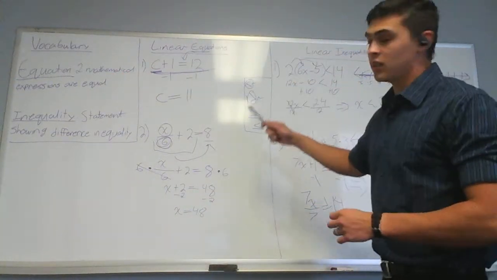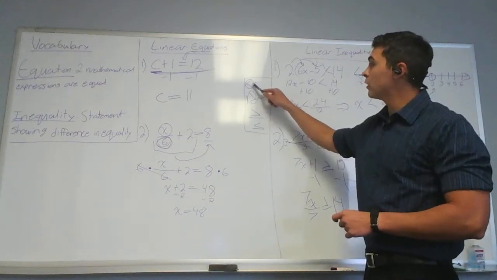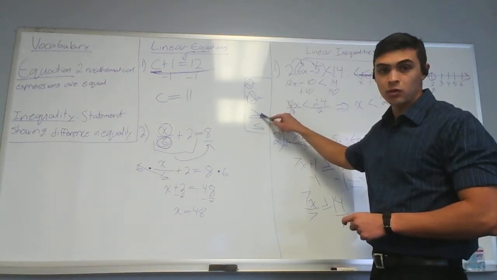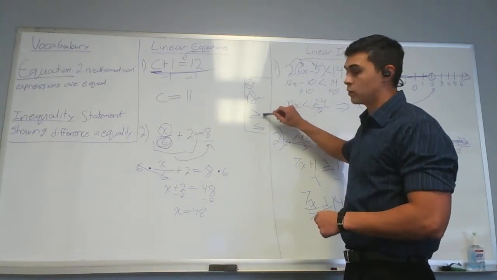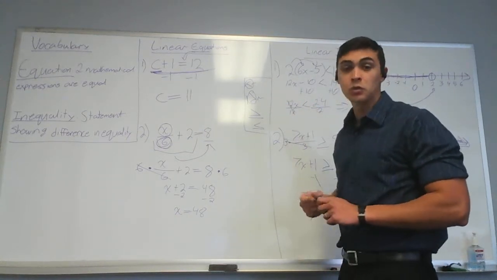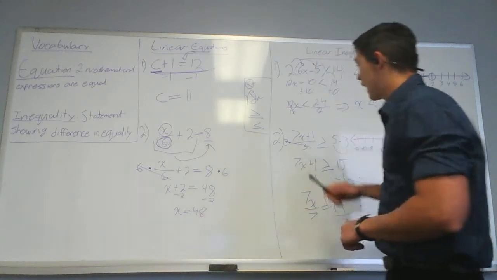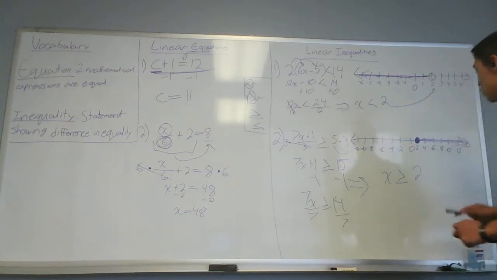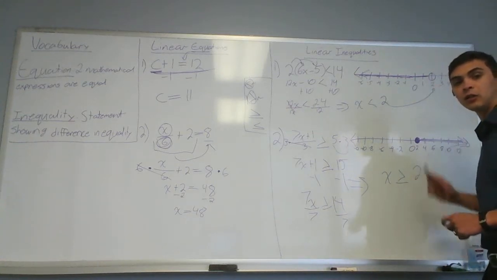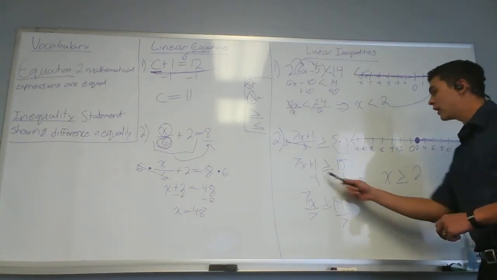In order to represent this, we use our less than, greater than, less than or equal to, or greater than or equal to signs. Then, after we get done solving for the linear inequality, we want to be able to graph the linear inequality, the value of x.